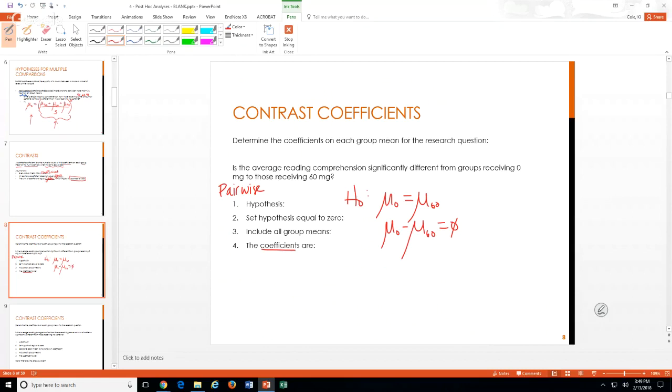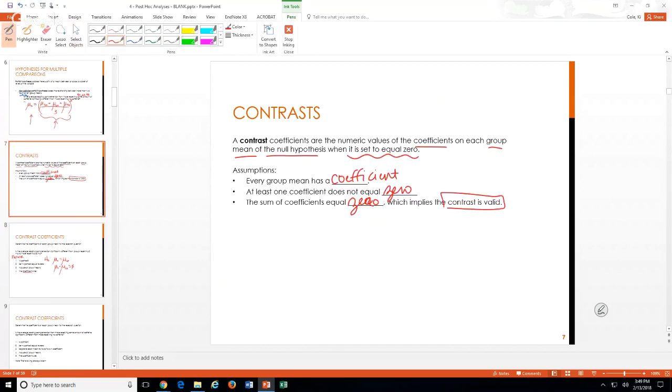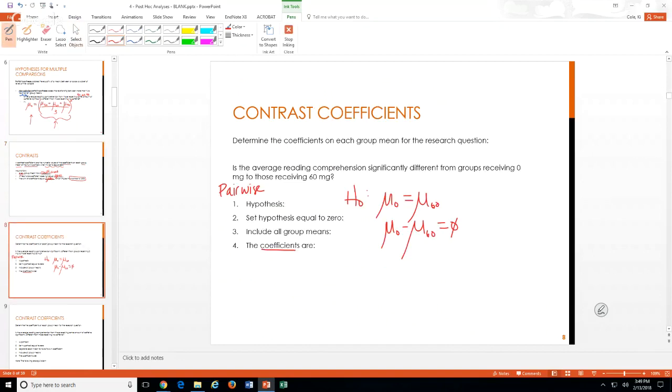Good. The other assumption was that every group mean is represented in that equation. Do I see every group mean within my study? Which ones aren't there? Mu 30 and mu 90. How can I put those in here but not let them affect the equation?